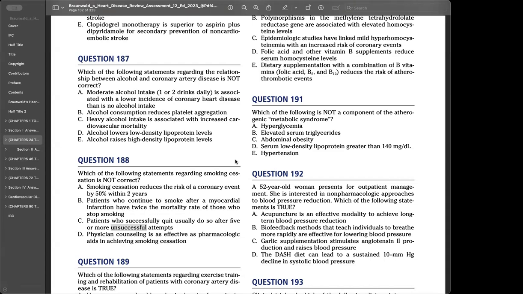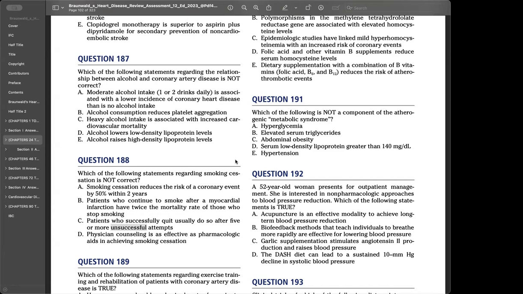Option B, alcohol consumption reduces platelet aggregation. I mentioned that as one of the mechanisms earlier, so this is also a true statement, so it's false.